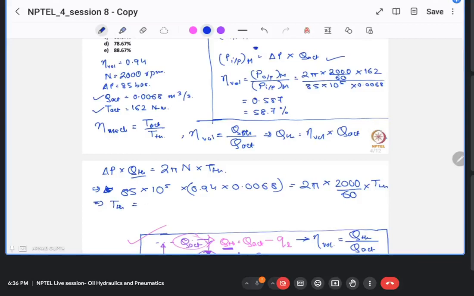Just try to calculate this. 5 multiplied by 10 power 5.